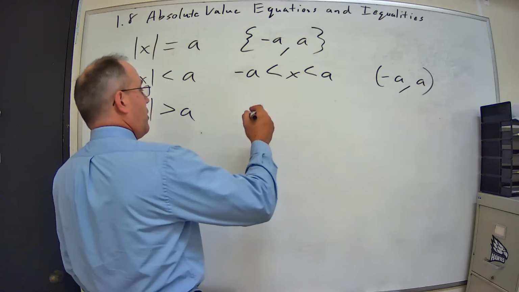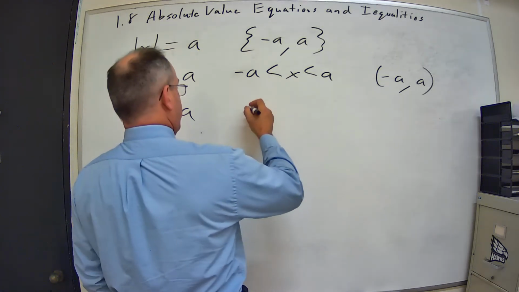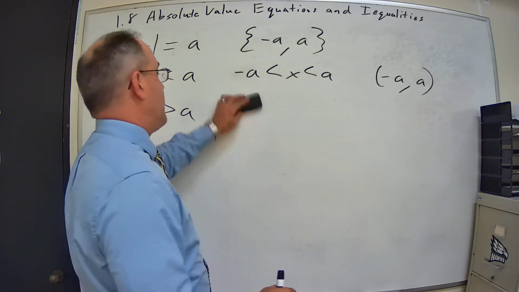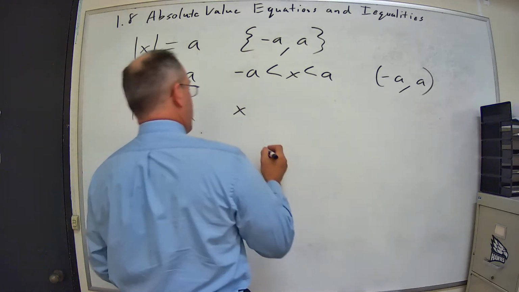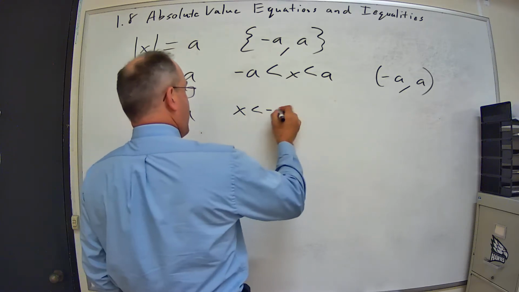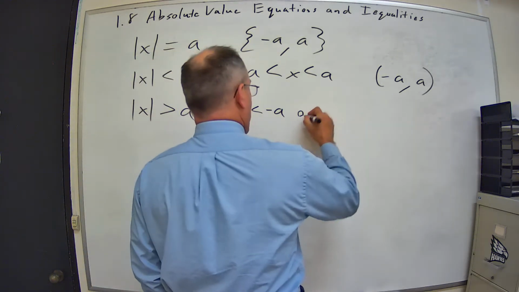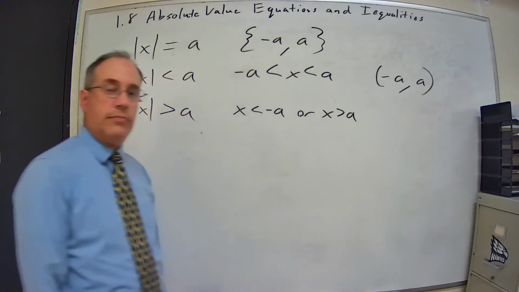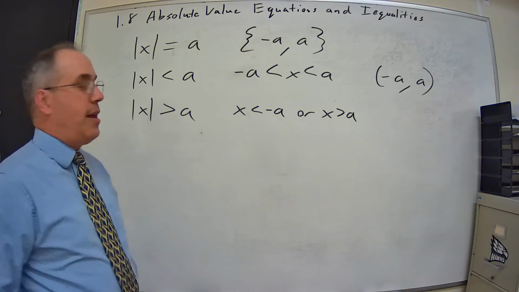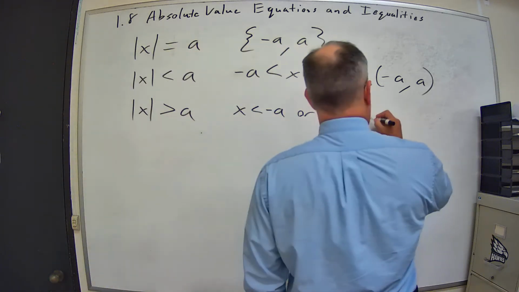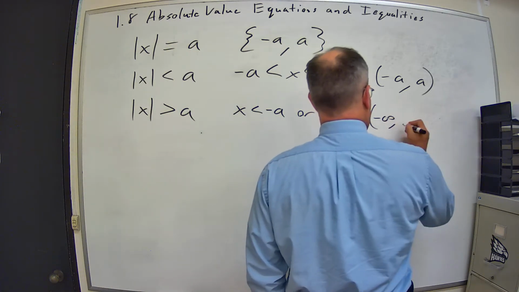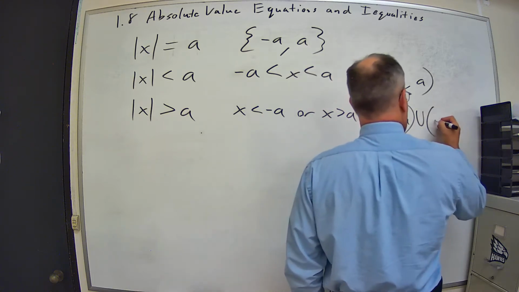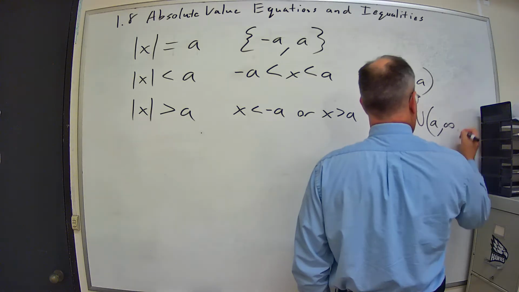So therefore, we would say X is less than negative A, or X is greater than A, or if we wrote it in interval notation, we would say from negative infinity to negative A, union A to infinity.